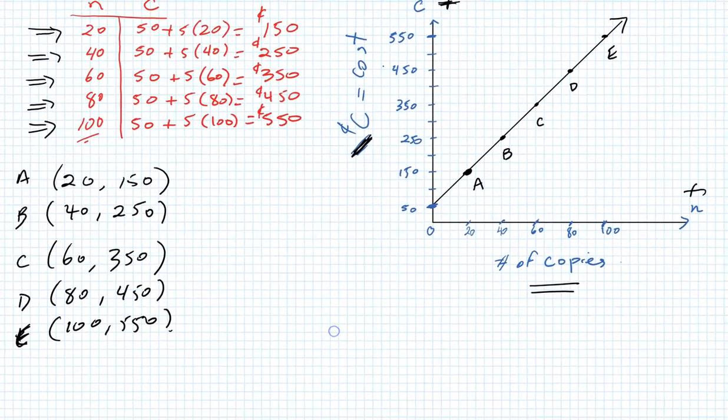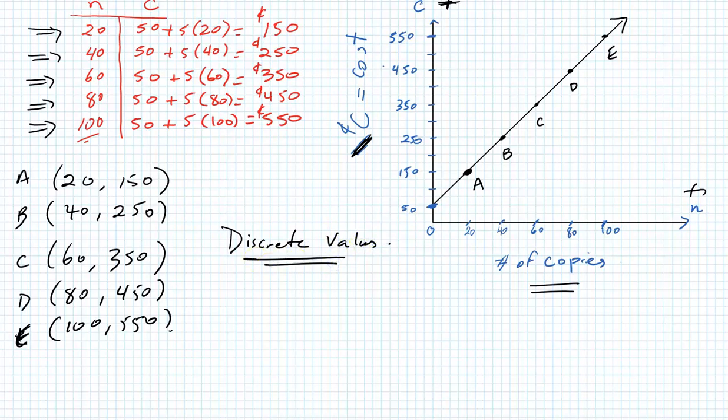So these are discrete values. And we connect them, even though technically we shouldn't, but in this case we can. The reason we shouldn't connect them is because it's not continuous. But in this case we can, and then we're going to come up with other information using the graph.